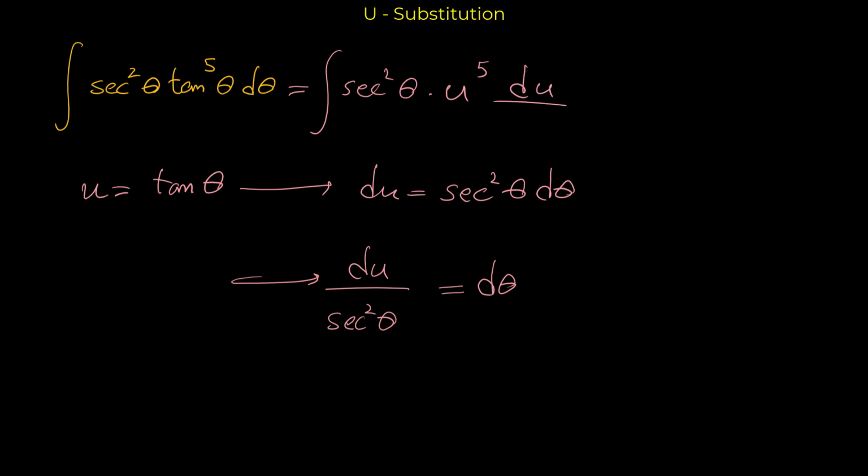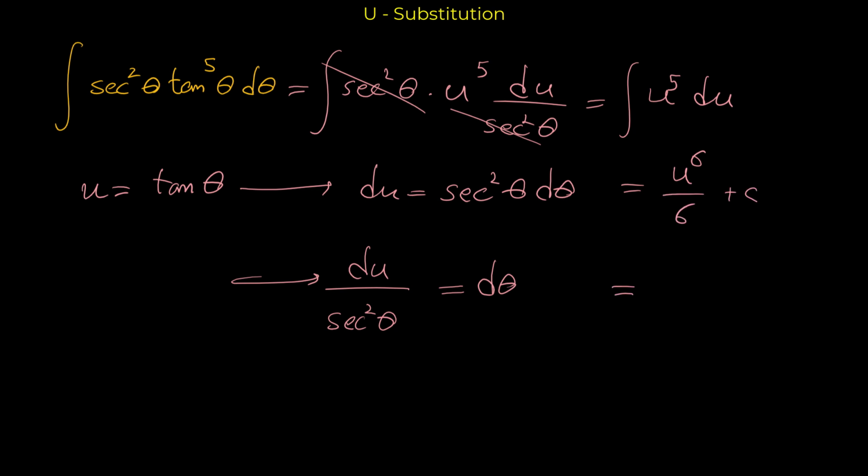The secant to the 2 in the denominator cancels with the secant to the 2 in the numerator, and we are left with u to the 5 du. The integral of u to the 5 is u to the 6 over 6. But u originally was tangent, so the answer is 1 over 6 tangent to the 6 plus c. Or you can write simply tangent to the 6 theta over 6 plus c. It's the same expression, and this is the answer of that integral.